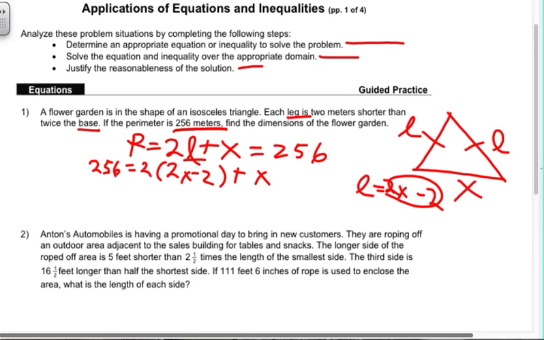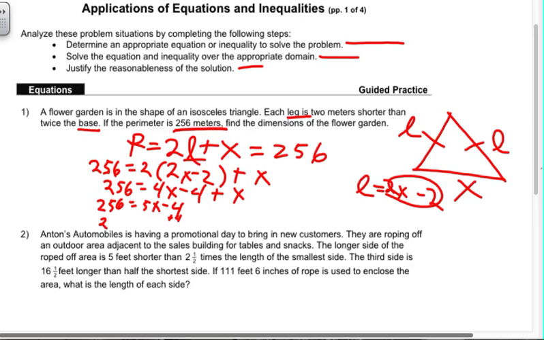So the first thing I do is clear my grouping symbols, my parentheses. So I'm going to distribute. And then I'm going to combine my x's. I'm going to have 256 equals 5x minus 4. Okay, I'll add 4 to both sides.